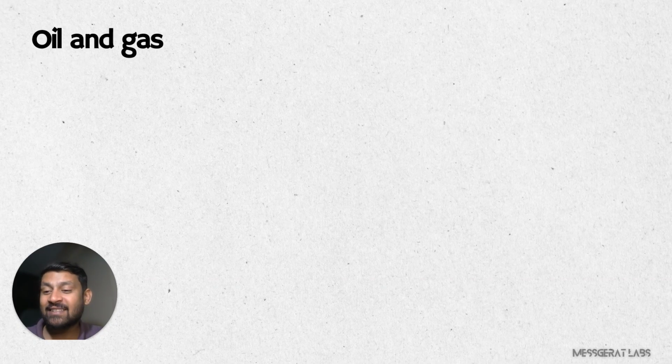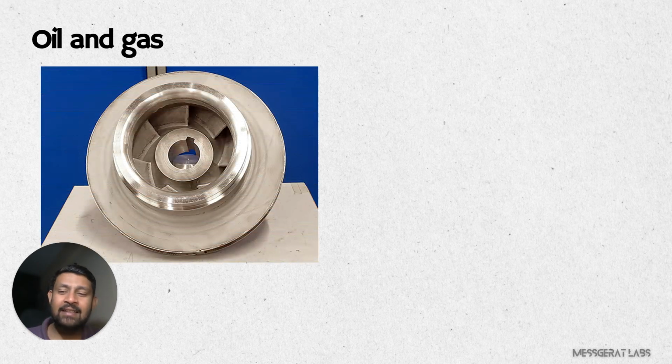So what are the potential use cases, or where is it actually being used in the energy sector? First, we will talk about oil and gas. Oil and gas has a very specific way of using 3D printing for spare parts management.